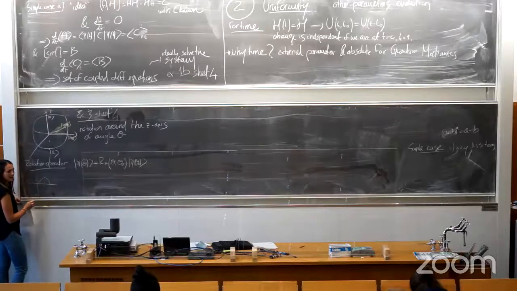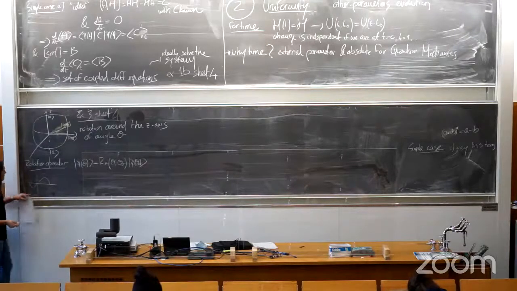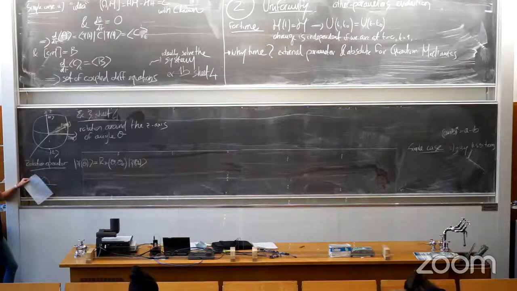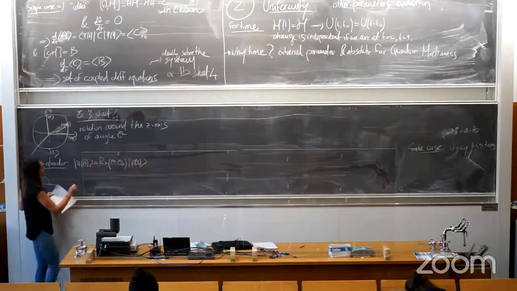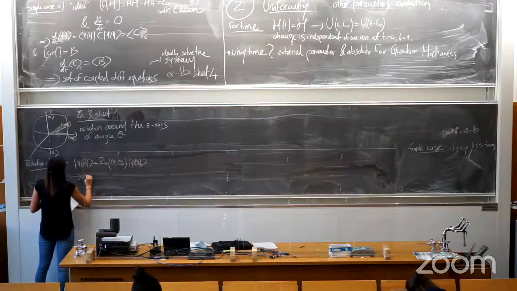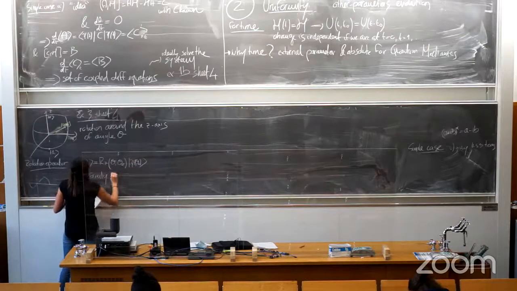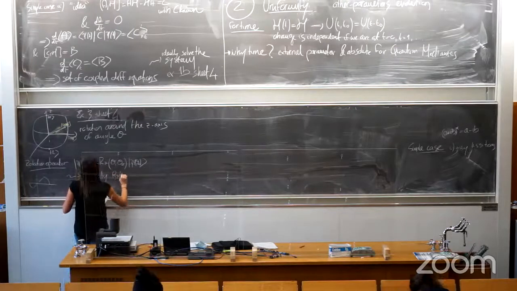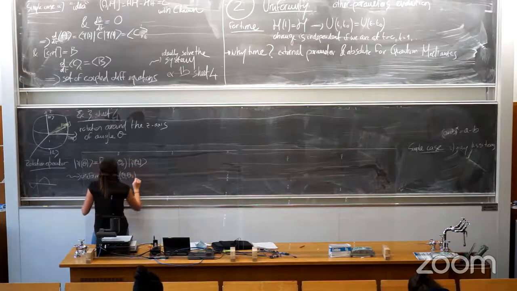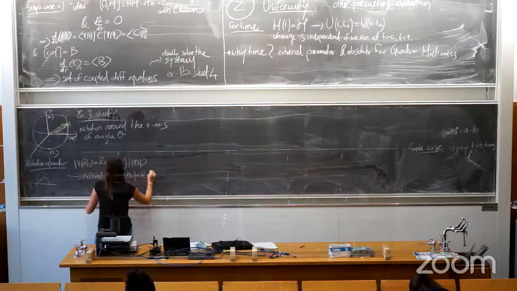This rotation is always 45 degrees. It's independent of what my initial state is. So this is exactly uniformity. Rz of theta 0 is equal to Rz of theta minus theta 0.